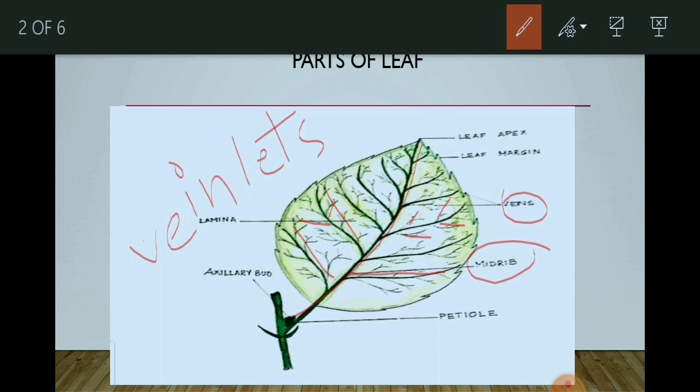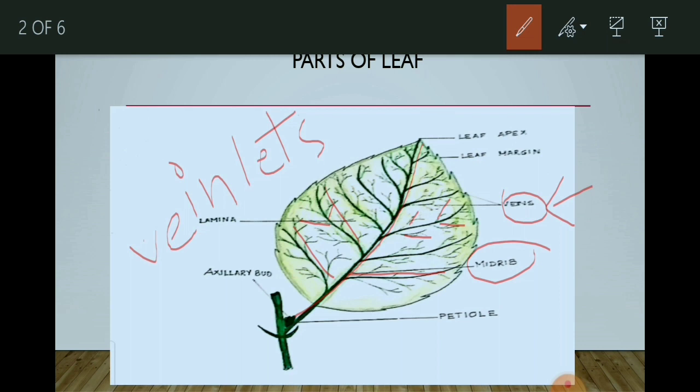Okay, now next I will discuss what is the other function of these veins. One function, though I have already said, is to conduct water and food. Now another function is that it also provides a supportive framework to the leaves.